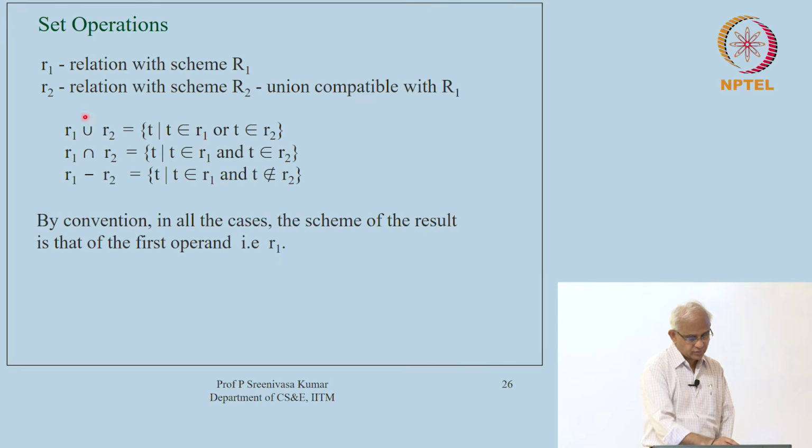By convention in all these cases, the scheme of the result relation is the scheme of the first operand, that is R1.